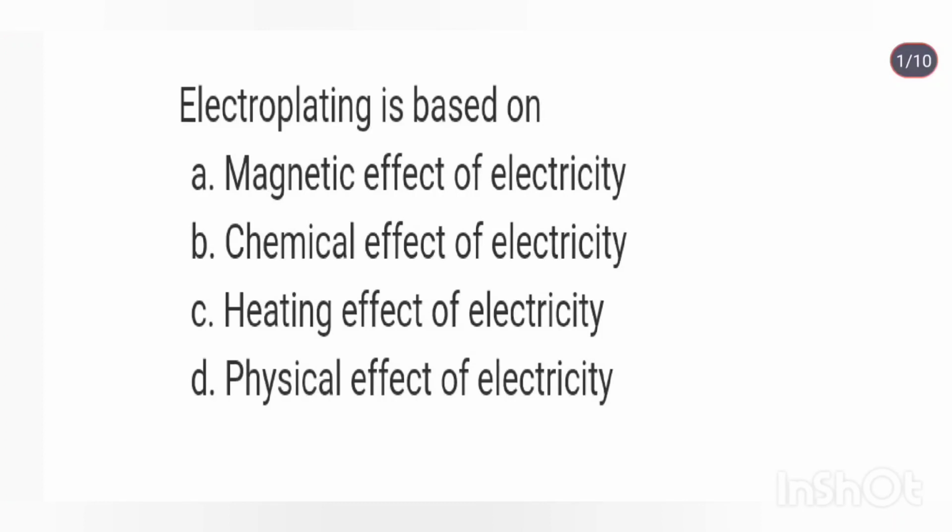Electroplating is based on chemical effect of electricity. A less reactive metal is coated on a more reactive metal by electrolysis is called electroplating.